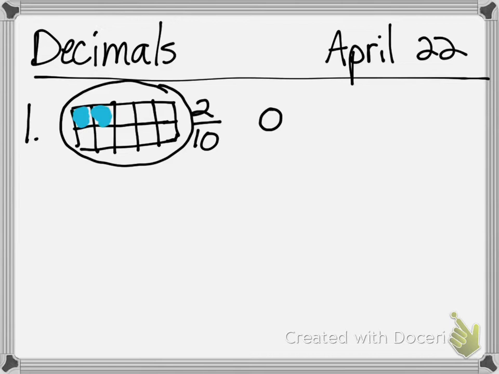Now I'm going to put the decimal. Okay. But how many parts out of 10 do I have? I've got 2. So this is how we write 2/10 as a decimal. 0 decimal 2. And these 2 things mean exactly the same thing.